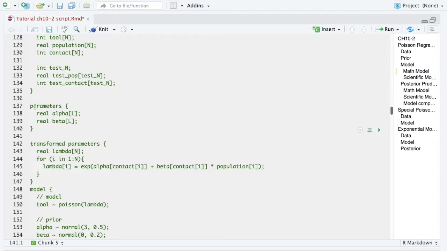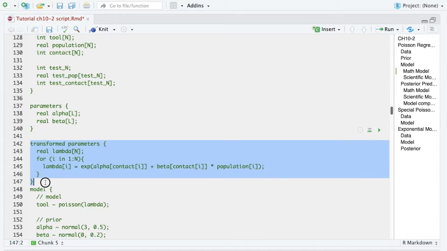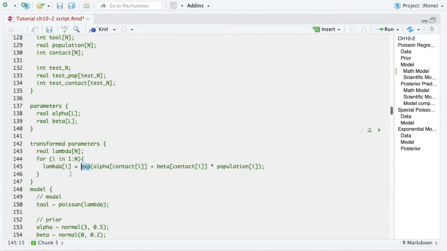The parameters part, nothing new. We have alpha for high contact rate and low contact rate, and beta, two betas as well. In the transformed parameters block, in the logistic regression problem, we had an inverse logit function here. And you may think, okay, we may need an inverse log function. But actually, the inverse log function is just the exponential function.